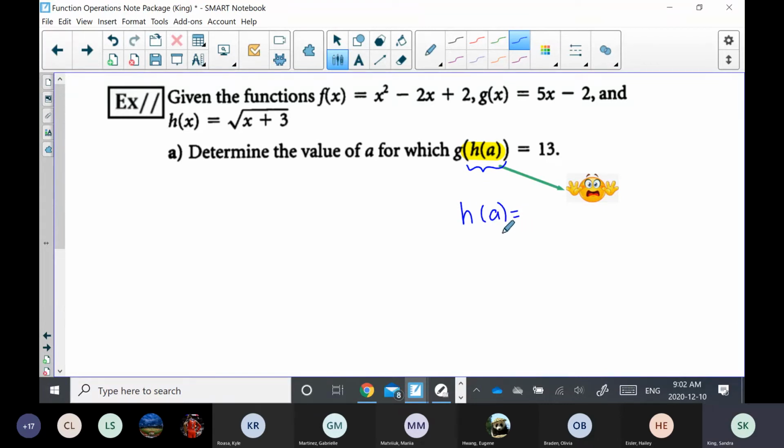What that simply means is to go to your h function, which is right here, and they want you to replace the x with an a, is all that means. If they tell you, what is h of a, you go to that h function and you replace the x with an a. So h of a is equal to the square root of a plus 3.